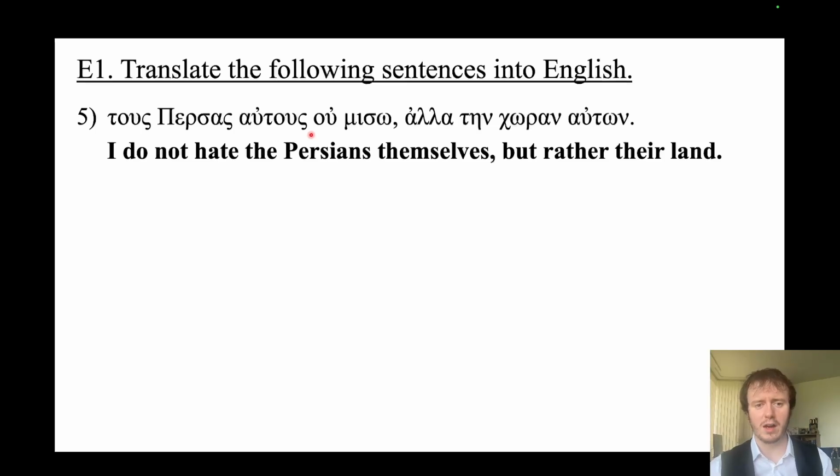And so this is saying, I do not hate the Persians themselves, but rather, in the accusative, the land, and then we've got αὐτον, which could in principle be masculine, feminine, or neuter genitive plural, but given the context, it's going to be masculine genitive plural, talking about the Persians, okay? The land of them, which we render more nicely in English as their land.